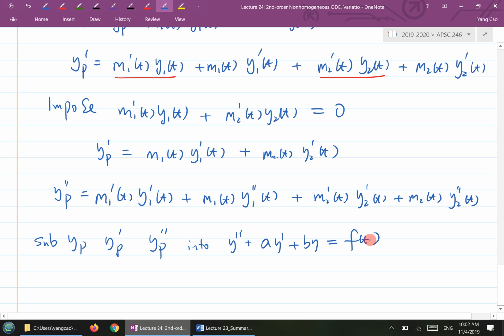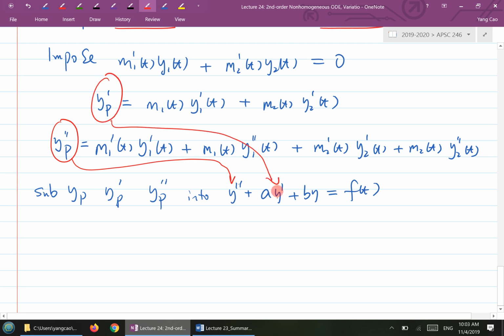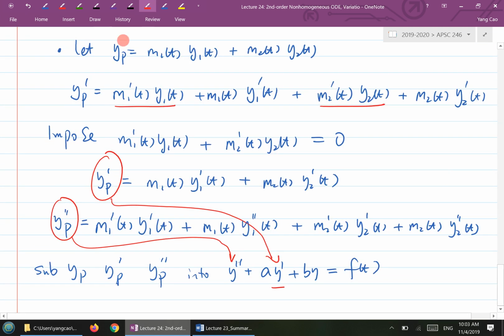The way I'm doing this is because I'm trying to derive the formula, and you will use the formula in the future. Once you substitute, you basically substitute this term into here, and that term into here. Okay, and of course YP into here.